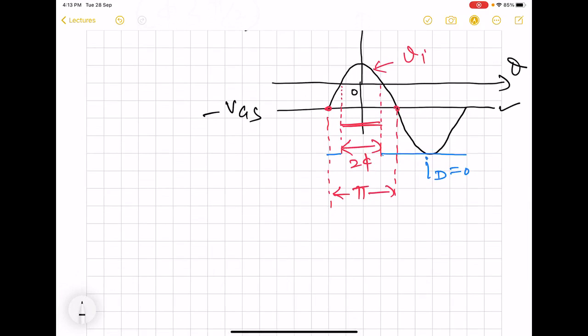So now we can plot the ID because our objective is to find out the efficiency, and for that we need to find out the output power. For that we need to find out what is the sinusoidal current that is flowing through the load, and that sinusoidal current is going to be the fundamental component of the drain current.